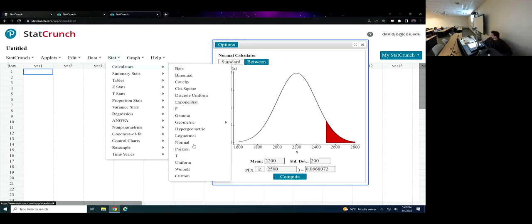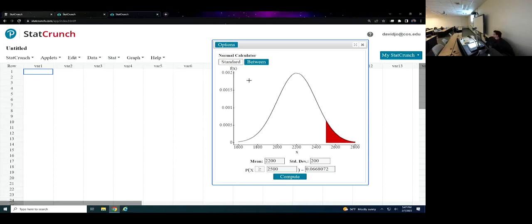I did Zoom last week, and it was hard to see the numbers on the StatCrunch we were doing, like the answers in the gray boxes through Zoom. Well, you can always do what we're doing. If you get sick, or if you're working from home, you can have StatCrunch open and do the same things that I'm doing. That way you can see on your computer what's happening, as an alternative. Let's come back and look at what that says here.